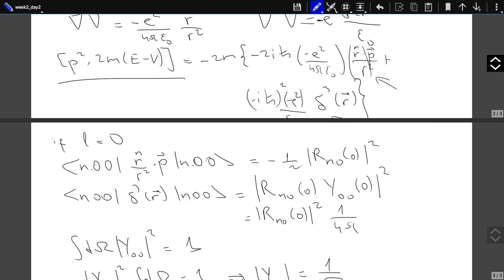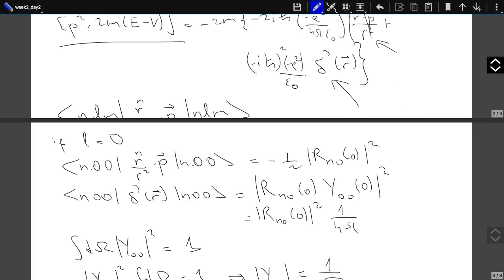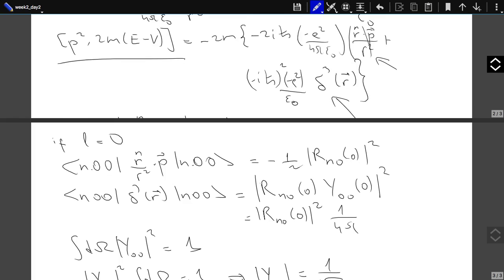Well, let's go back to our matrix element. We need to calculate the matrix element of this thing. Well, for L equal to 0, from the Dirac delta, we get the 1 over 4 pi, the matrix element of the Dirac delta. So we have the 1 over 4 pi epsilon in both terms. E squared is common in both terms.